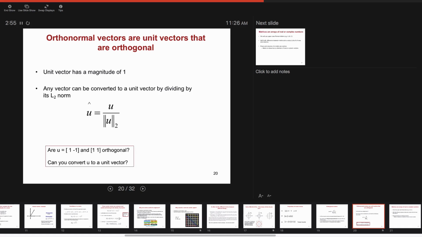So I have a question for you. Are two vectors u, (1, -1), and v, (1, 1), orthogonal? Why? Their dot product is 0.